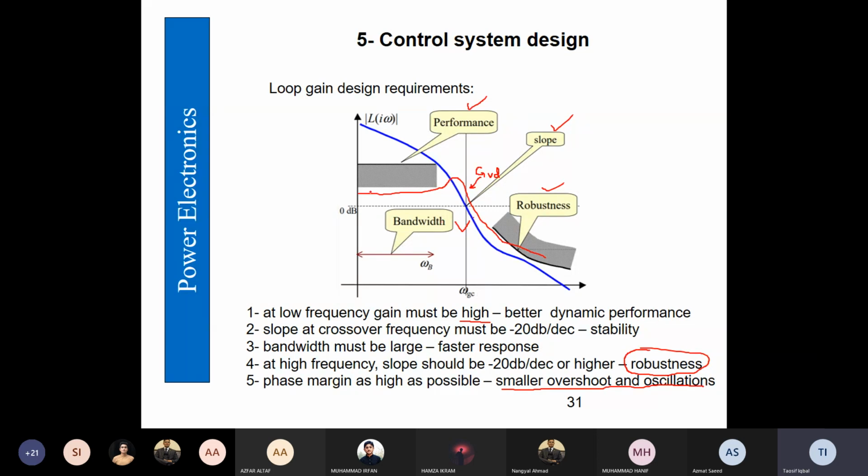If we don't have a Bode plot like the blue line, then our controller will not have better dynamic performance. So we try to get high gain at low frequency.